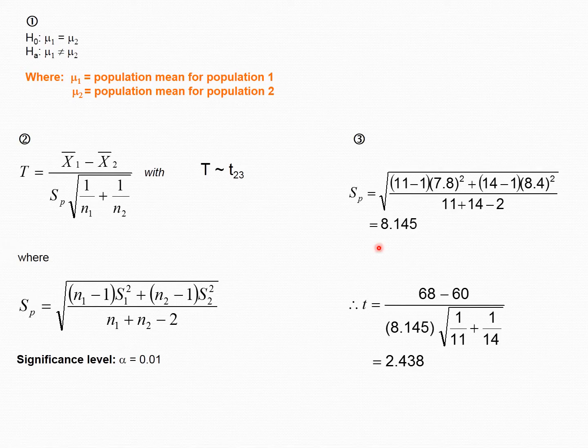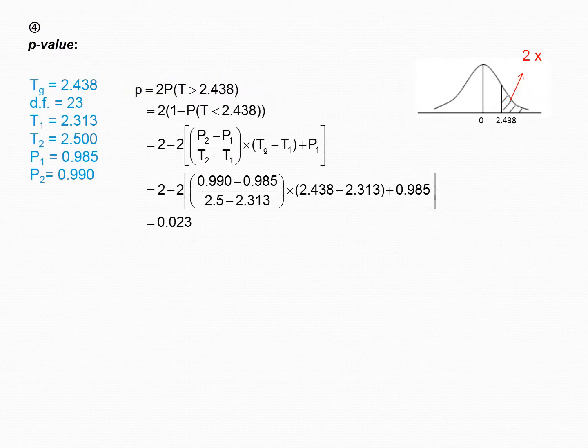Then we need to calculate SP first of all in step 3, because we need that to calculate t. We can then substitute that and our sample data, and then our t value will be 2.438. Since we are conducting a two-sided alternative hypothesis, we are going to look at the probability that t is less than negative 2.438 plus the probability that t is more than positive 2.438.